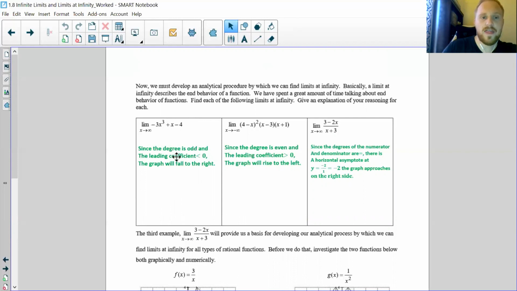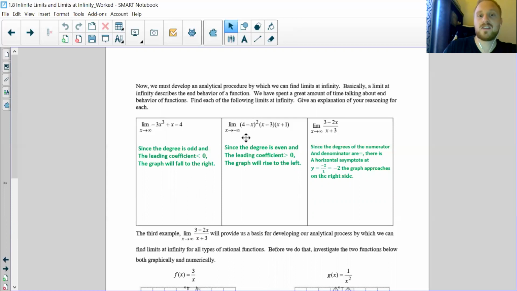Since the degree is odd and the leading coefficient is less than 0, the graph will fall to the right. Think of this as a cubic function reflected over the x-axis. When x approaches the right, the y value is decreasing, it's going down.